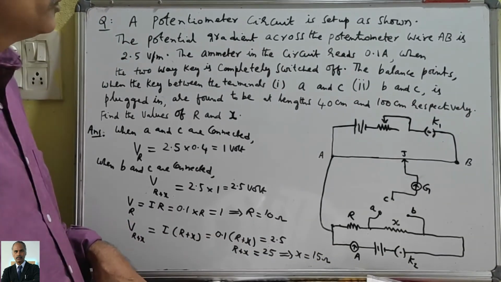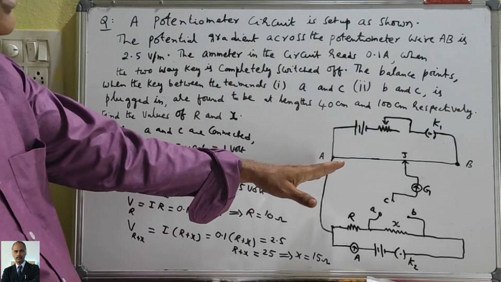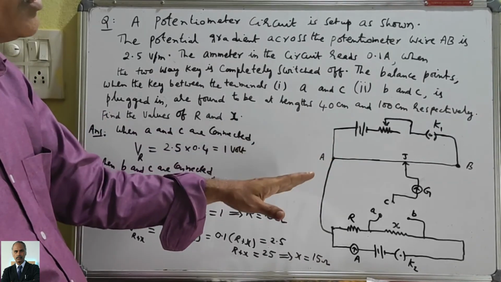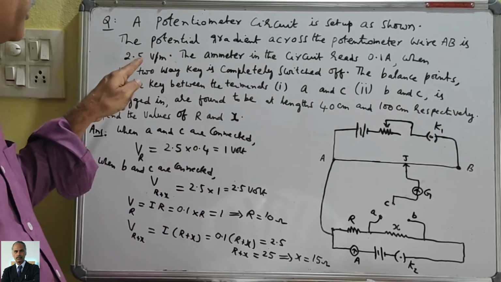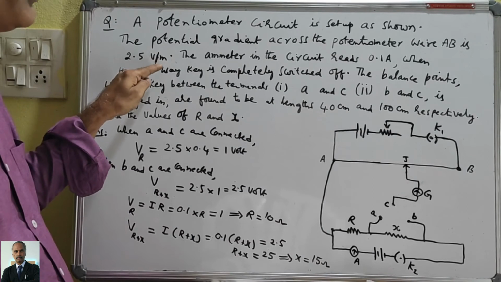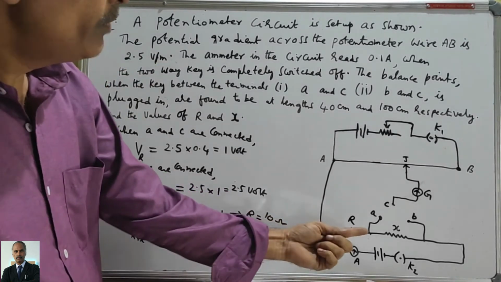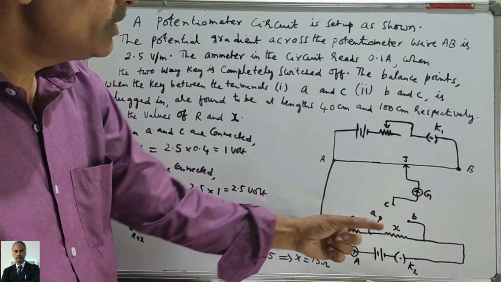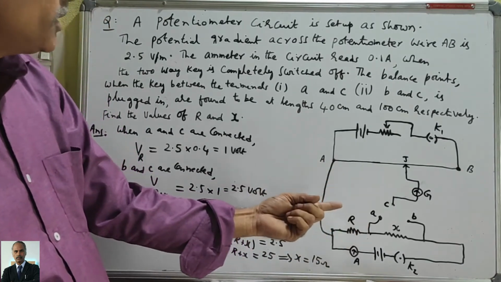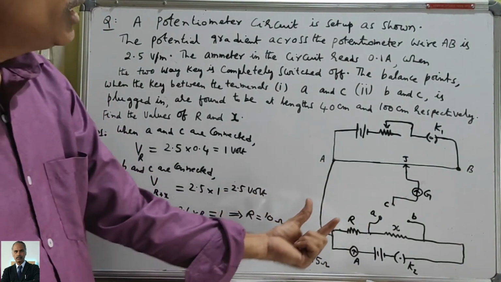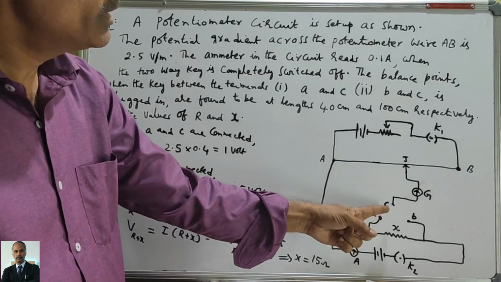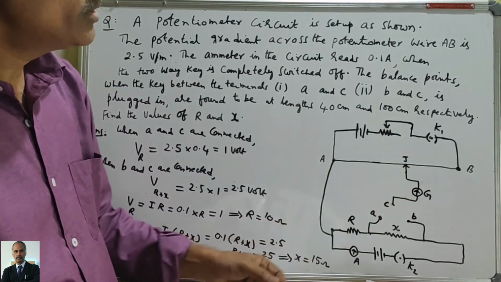So this is, children. Once again see, children, this is the circuit diagram, and this question is based on potentiometer, and potential gradient is given as 2.5 volt per meter, and also when you put the plug between A and C, the balancing length is given as 40 centimeters. Balancing length means you know that current through the galvanometer is 0.